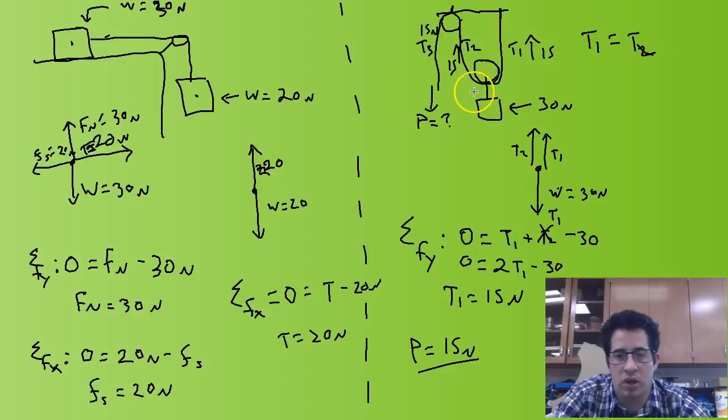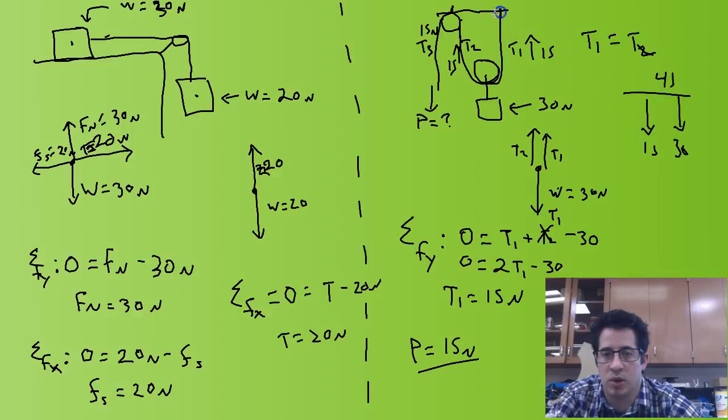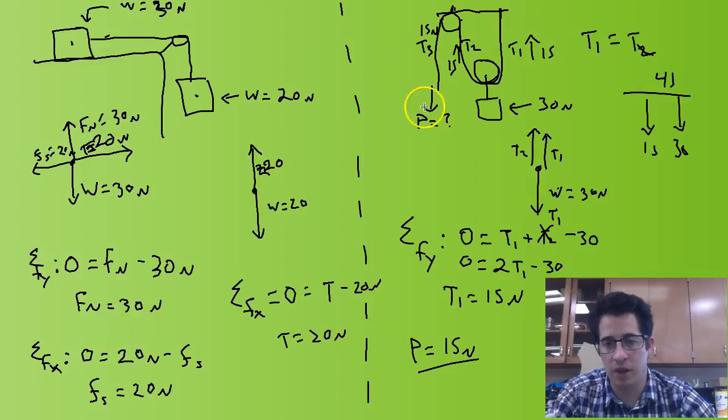And since we're pulling down, if you look at this whole system, you're pulling down with 15, and the block is pulling down with 30, which means that the ceiling has to be pulling up with 45 total newtons. So some of that comes right here, and the rest comes right there. Okay, but pulleys are useful for reducing the amount of force required to lift something, and so people use these to lift really, really heavy objects for this reason.